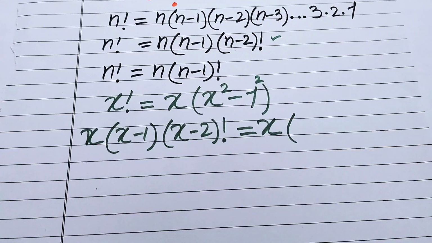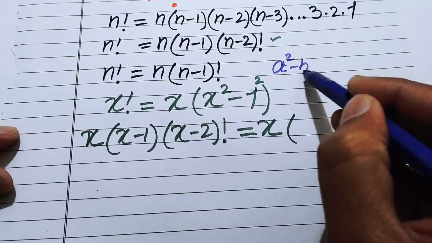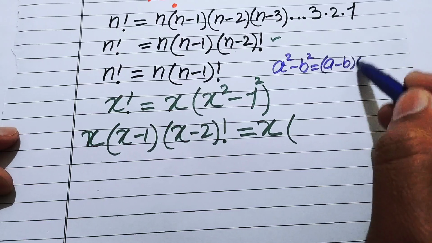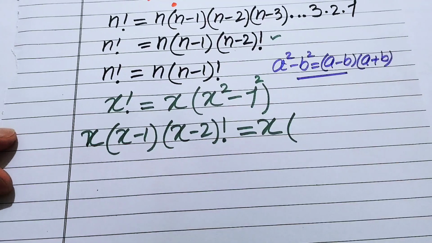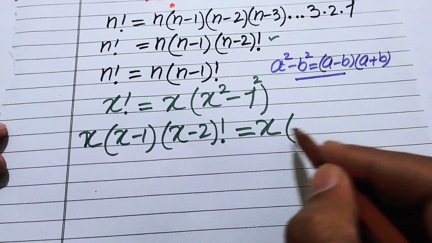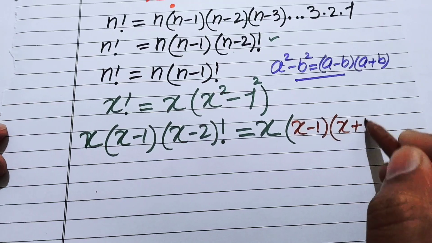Here you use the nice square identity, which is a squared minus b squared equals a minus b times a plus b. So now we use this formula on the right hand side of this equation, and you will get x minus 1 times x plus 1.